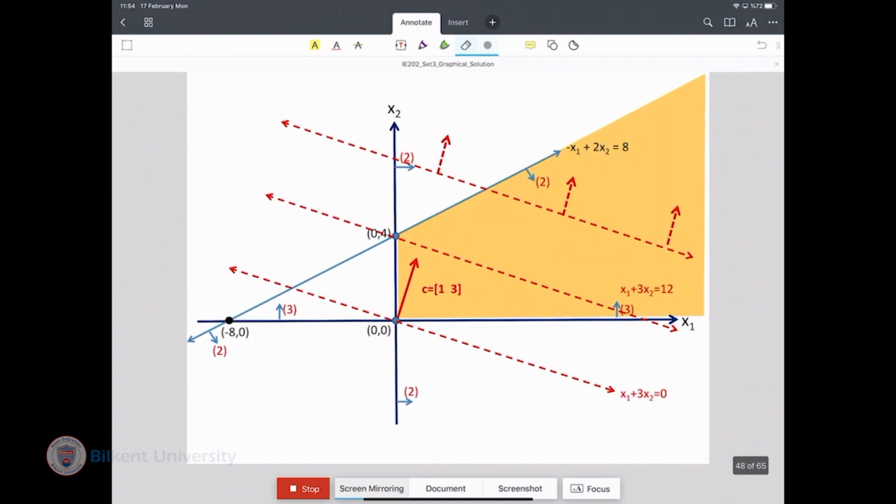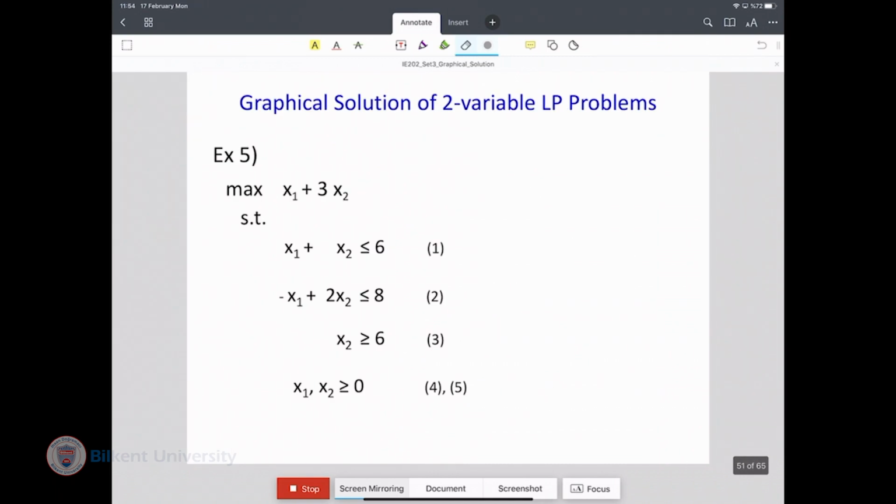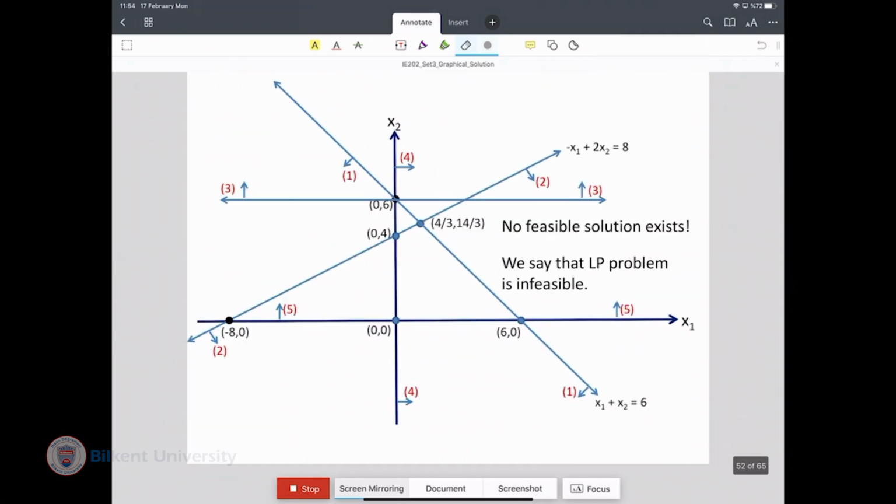What do you think this case is? Infeasible. If you try to find the region where all those constraints overlap, there is no such region. You cannot come up with a feasible region. That's our last case that can happen, which is infeasibility.